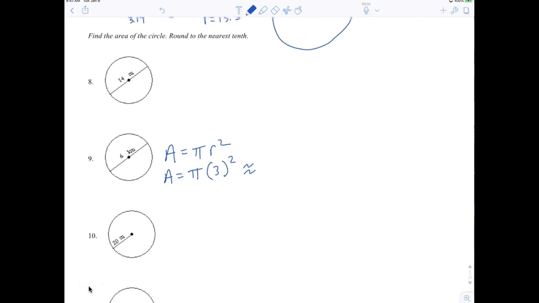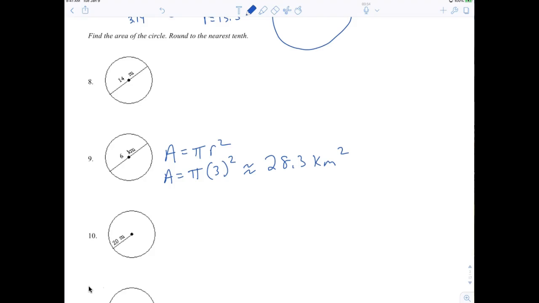So everybody do pi times 3 squared and round it to the nearest tenth. Are we okay with that? All right, get out your calculator. Some of you are not doing this on the calculator. I don't want someone to just tell me what the answer is. 28.3 kilometers squared. Very important.